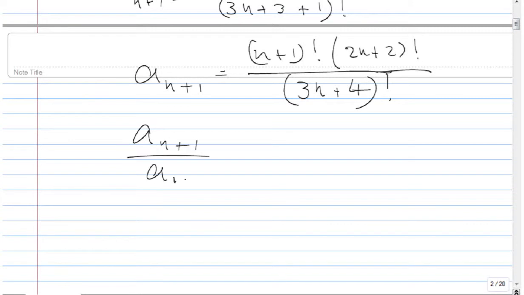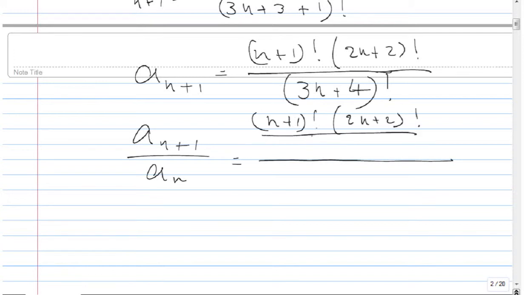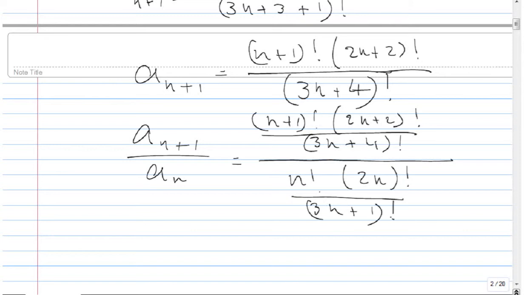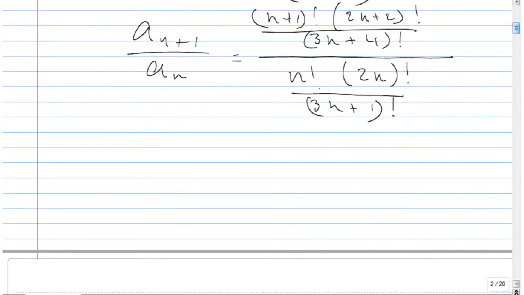divided by a_n. So we have the top fraction, which is (n plus 1) factorial times (2n plus 2) factorial over (3n plus 4) factorial, and a_n is n factorial times (2n) factorial divided by (3n plus 1) factorial. So we have a fraction over a fraction. We know that it's going to be the top fraction times the inverse of the bottom fraction.